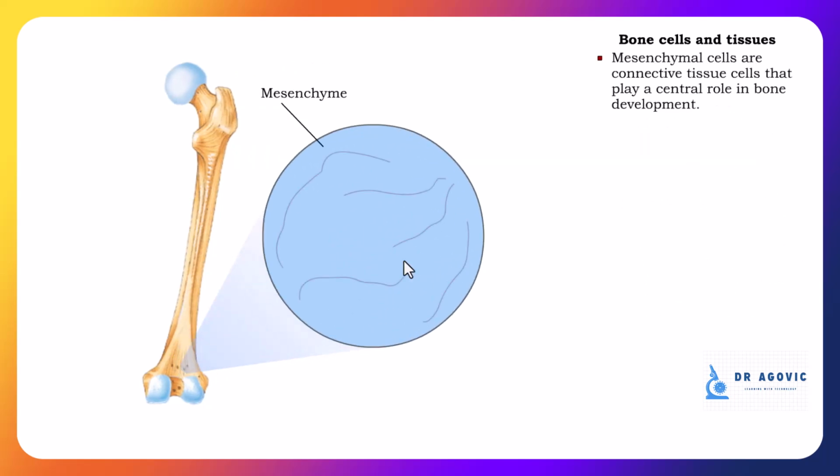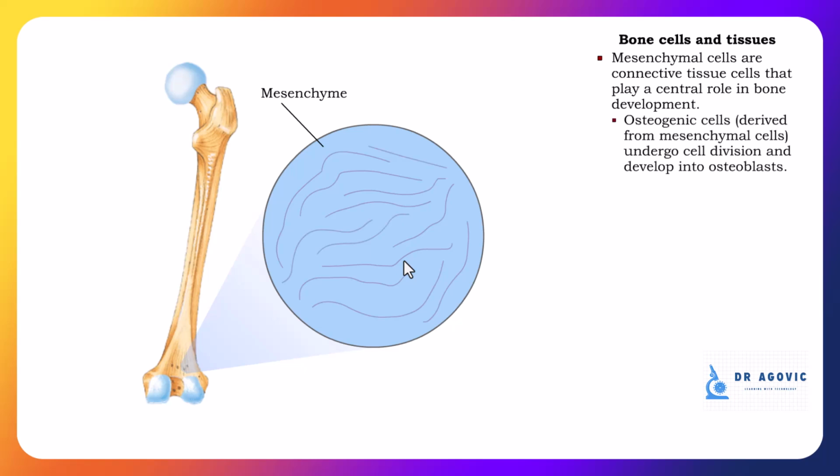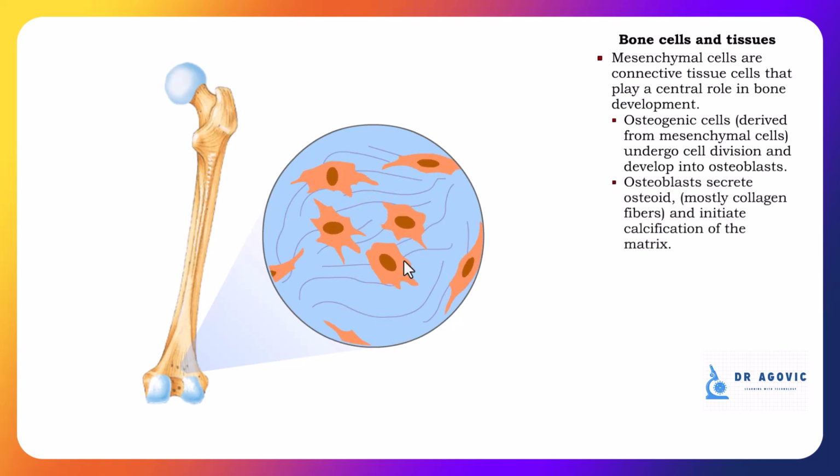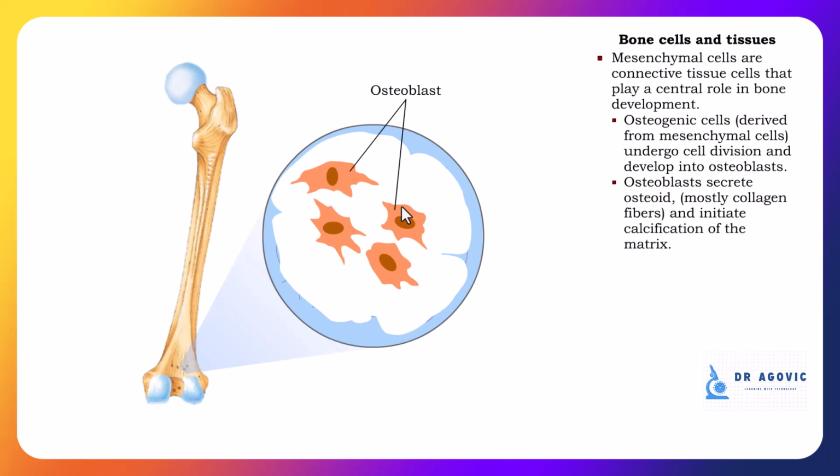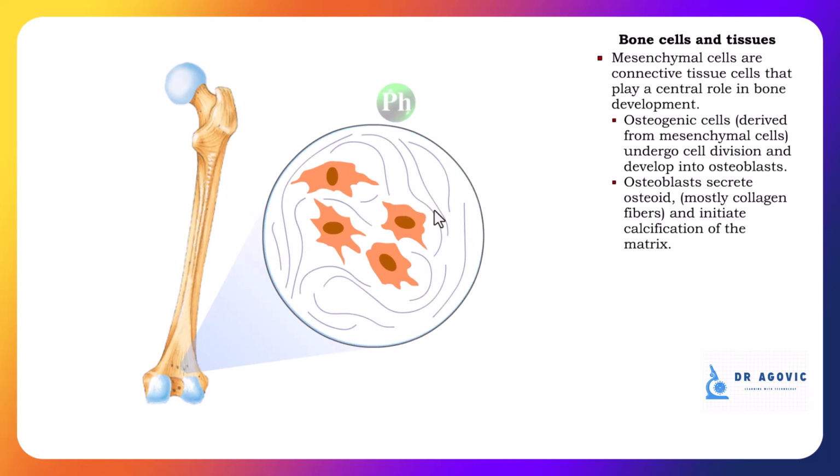Several cell types are associated with bone tissues, each with a different role to play. The process of laying down the bony matrix begins as some mesenchymal cells differentiate into osteogenic cells. These cells mature into bone-building osteoblasts, which lay down osteoid, mostly collagen fibers.